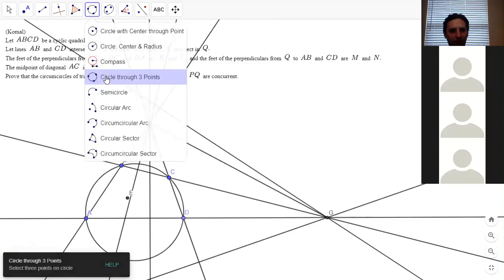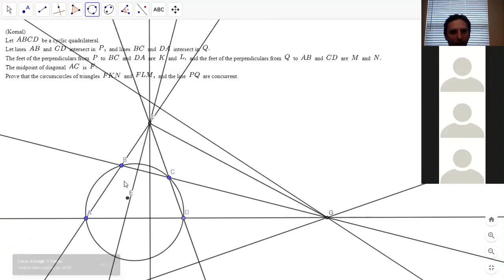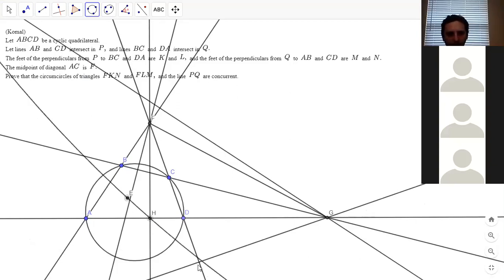So F, so P to BC, and N is Q to CD. So is it really those points? Okay. I am a little confused here, but we can look at this another time.